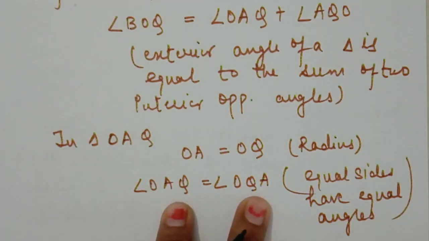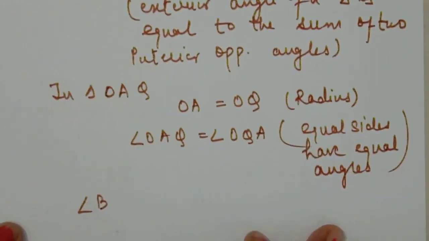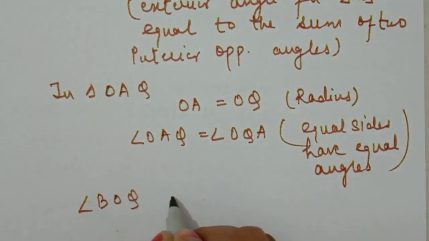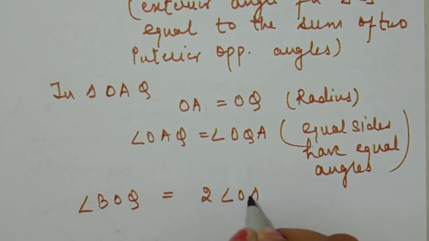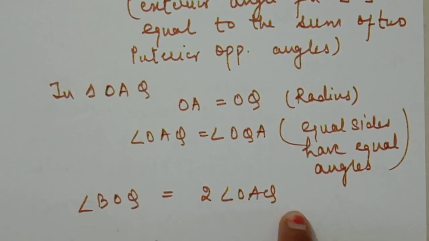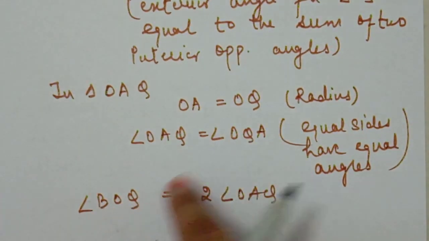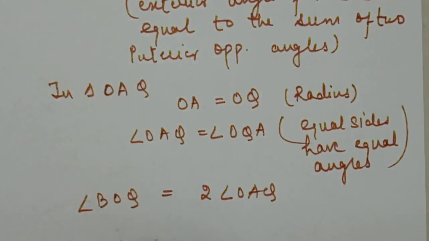If these two angles are equal, then what about this equation? Both the angles are present here, so we can replace one angle with the other. Is it possible? Yes. BOQ is equal to double of angle OAQ, and you can also say that BOQ is equal to double of angle OQA.